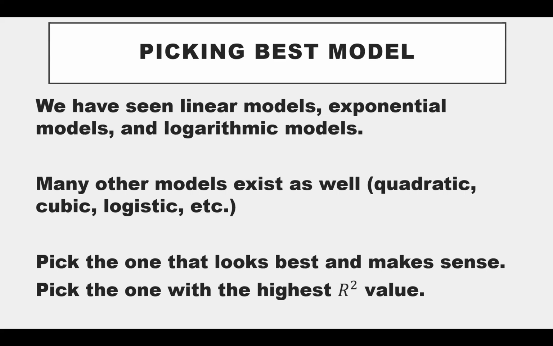If there's a cubic model that has a better R squared than all the other ones, then you use the cubic model. So again, most people just say, look at the scenario, look at what fits the best and makes the most sense. But if you're ever in doubt, you can simply just use the one with the highest R squared value.